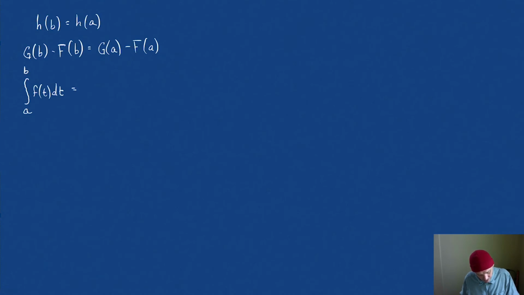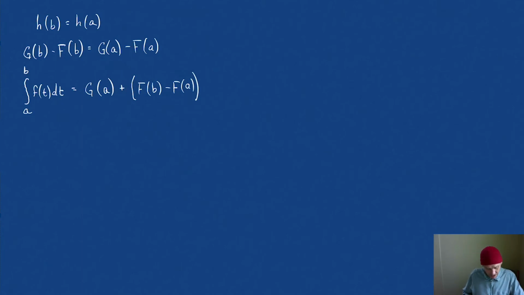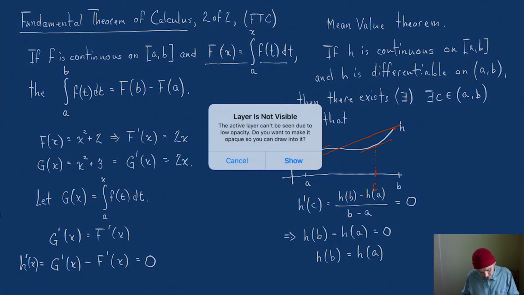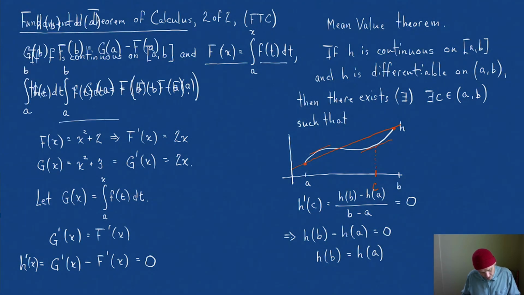So this is going to equal G of A plus, in parentheses, F of B minus F of A. Well, whoa, look at that. Let's go back. That is exactly this. That's what we were trying to prove.